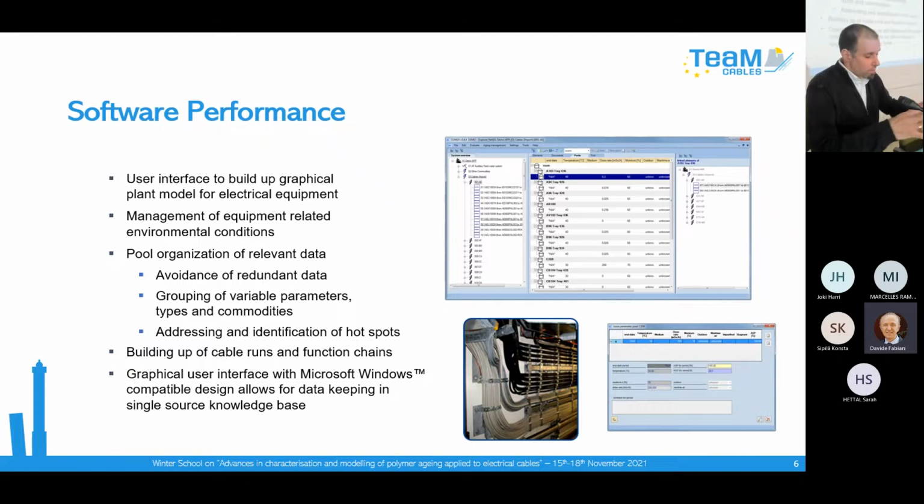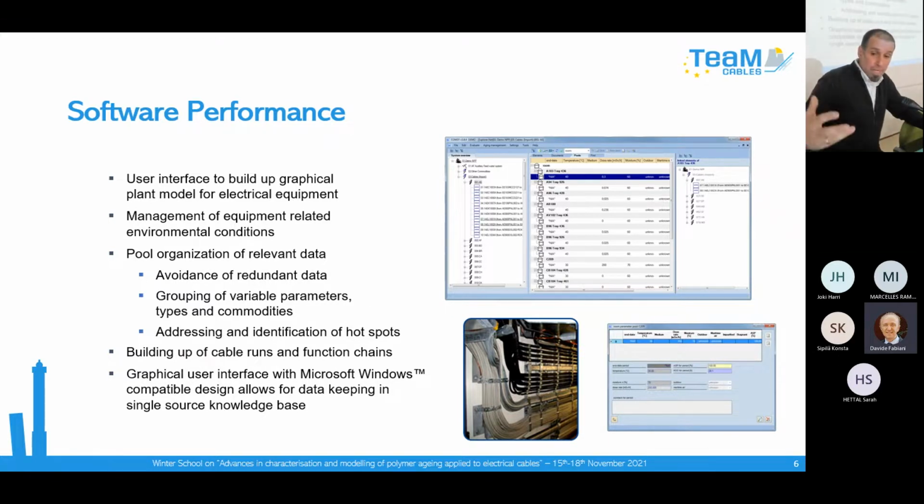So if we have a virtual polymer adaptation, we have an interface, we have access to the algorithm you developed, and we can use the existing plant information.